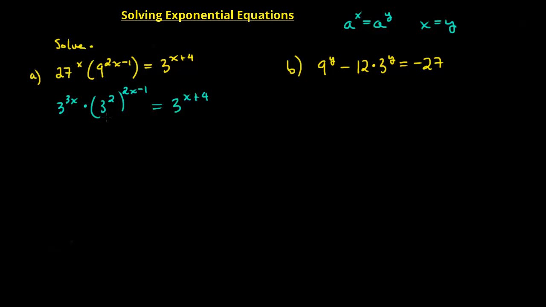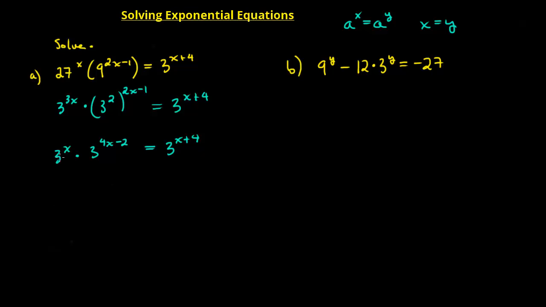So now I can go ahead and simplify the second exponent. I've got 3 to the power of 3x times 3 to the power of, I'll have to multiply the exponents because I'm raising a power to a power. So I've got 3 to the power of 4x minus 2, and that's equal to 3 to the power of x plus 4.